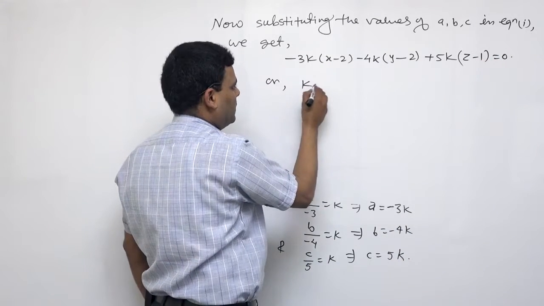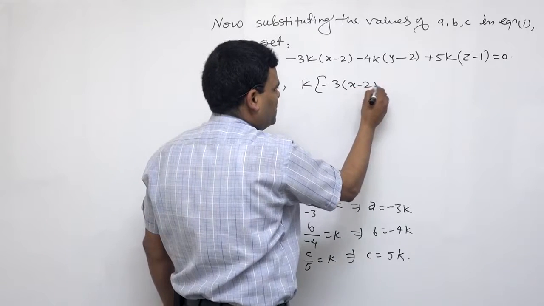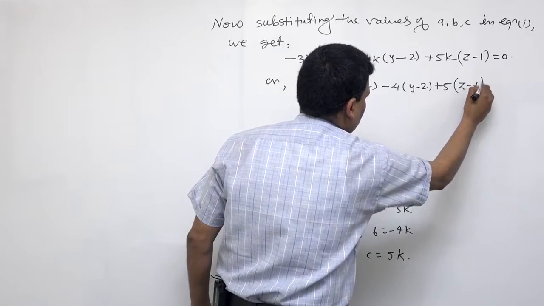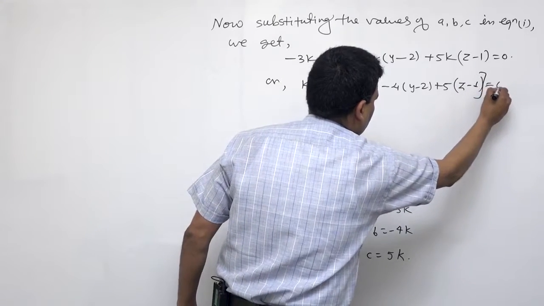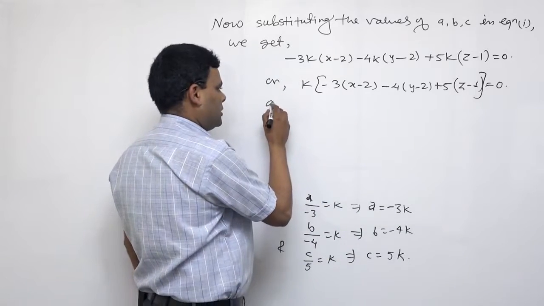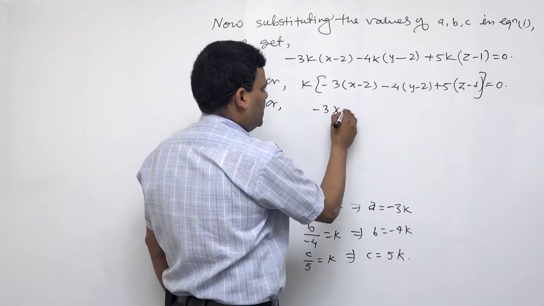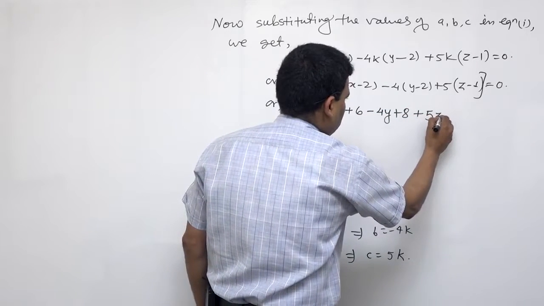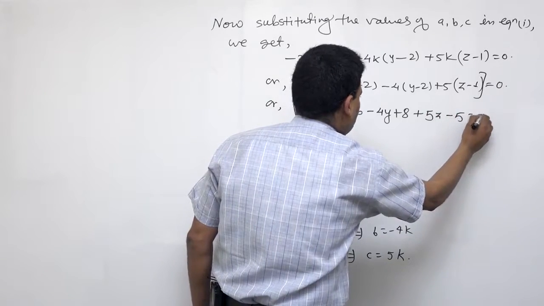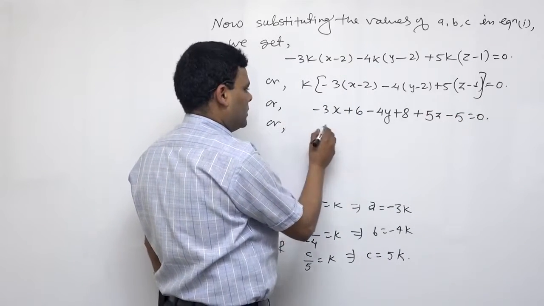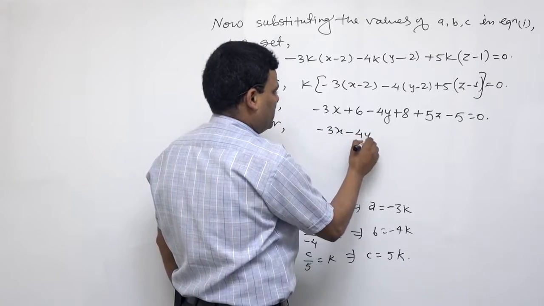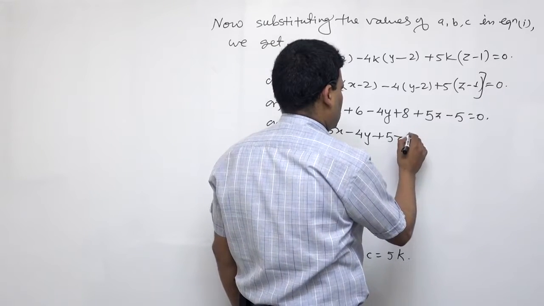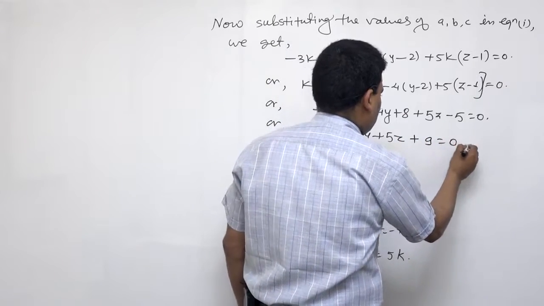Taking k common and eliminating it, we get minus 3x plus 6 minus 4y plus 8 plus 5z minus 5 equals 0, or minus 3x minus 4y plus 5z plus 9 equals 0.